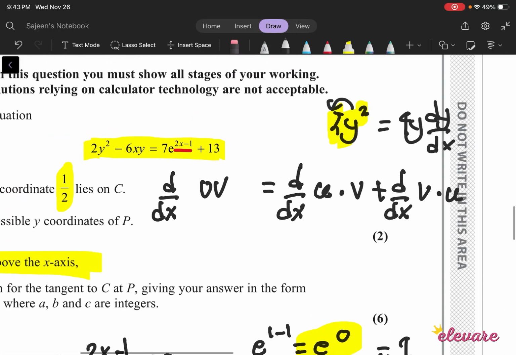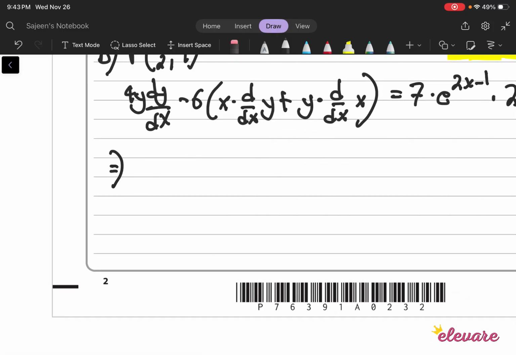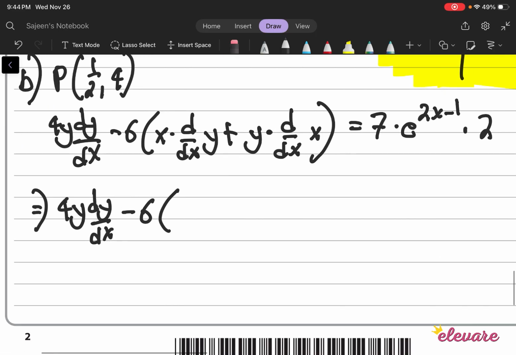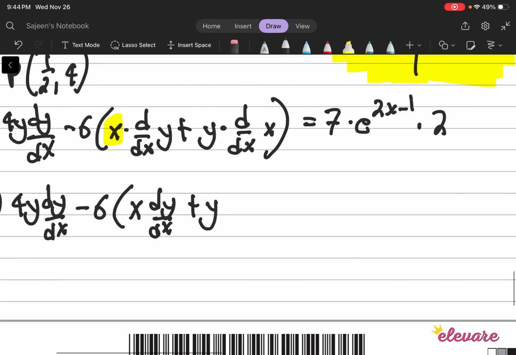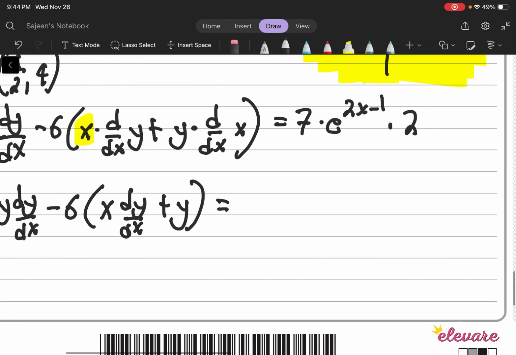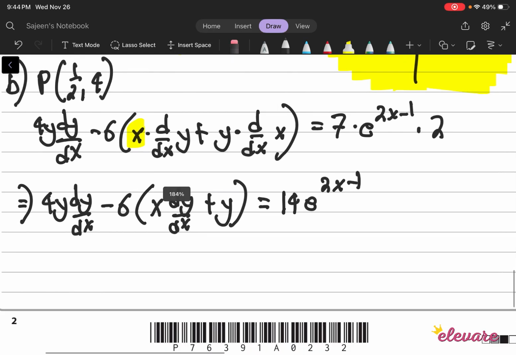And এখানে plus 13কে differentiation করে তো কিছু আসে না, right? সো এইখানে আমার completed differentiation is gonna be 4y dy/dx minus 6, এই ব্র্যাকেটে আমরা এই জিনিসটা শেষ করি। ওকে, x তো আমার এখানে রয়ে গেল, d/dx of y করলে আমার answer আসবে just dy/dx। ওকে, so x dy/dx plus y, and d/dx of x করলে তো just আমার 1 থাকে, right? So this is just gonna be y is equals to 7 times 2 is 14, so 14 e to the power 2x minus 1, right?